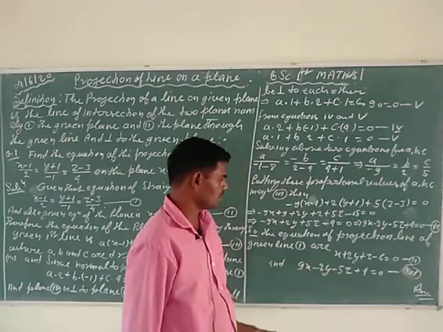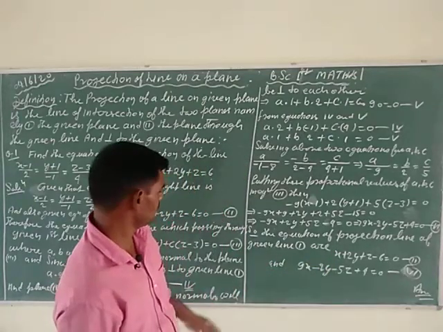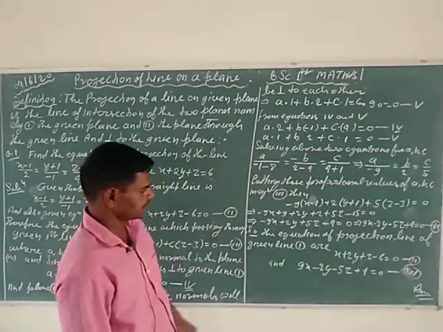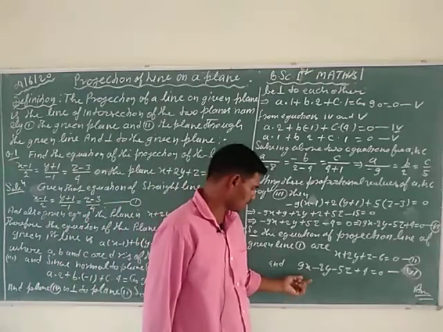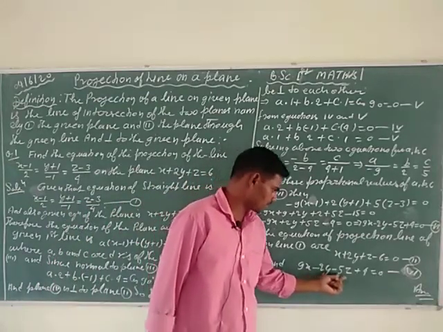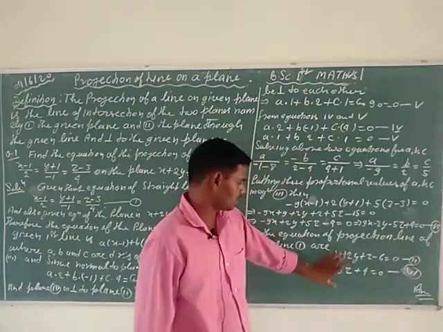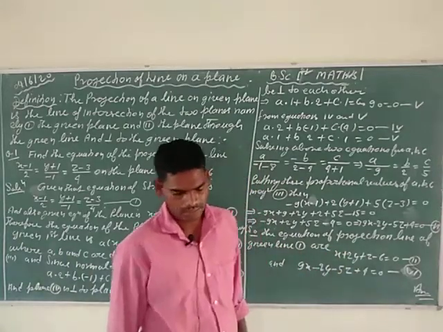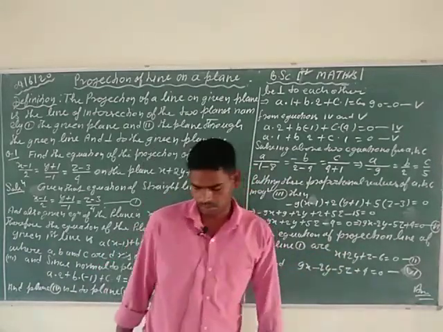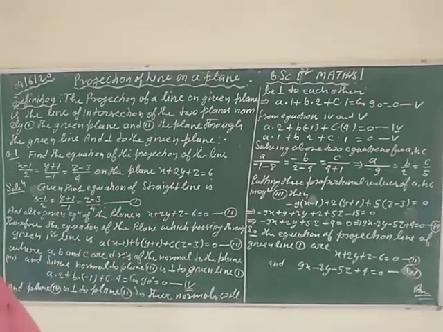So x plus 2y plus z minus 6 is equal to 0 is the given plane equation, and we calculated the equation of the plane 9x minus 2y minus 5z plus 4 is equal to 0. This is the intersecting line, which is called the projection line. So that is complete. Next, consider the second question.